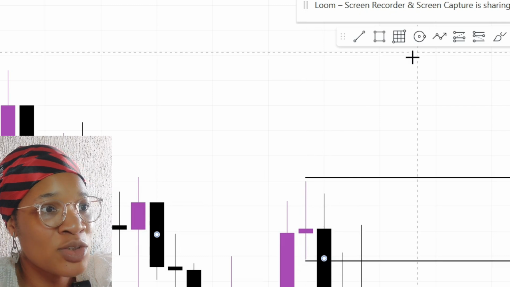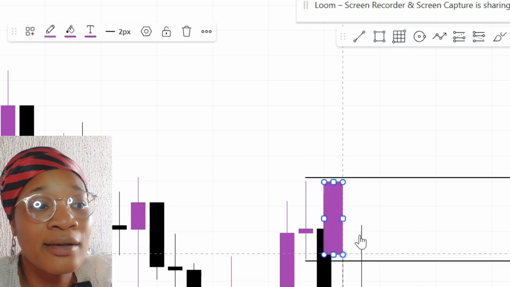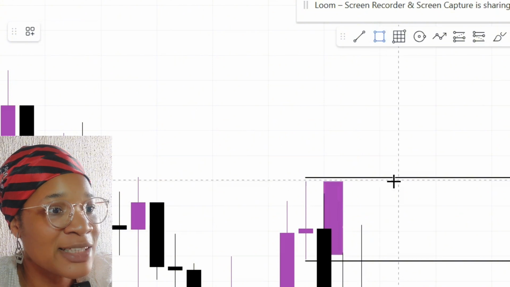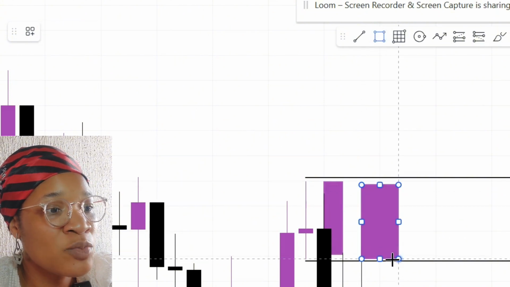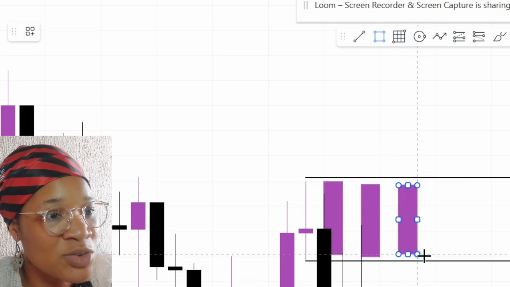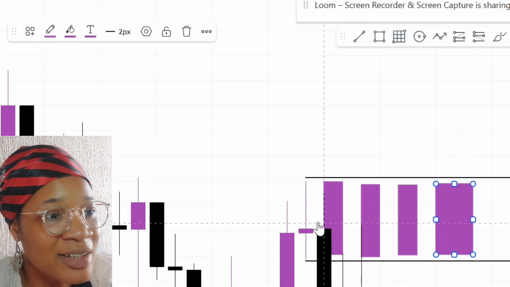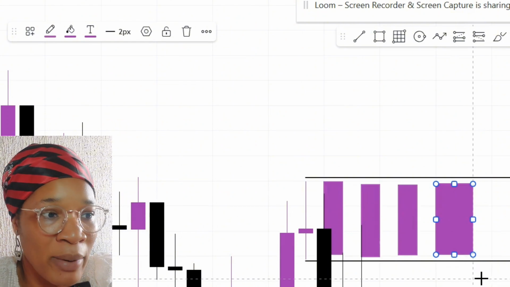If price continues to form candles, it doesn't matter whether they are sell or buy candles, as long as price continues to trade within the high and the low of this range, it is not considered a pullback.